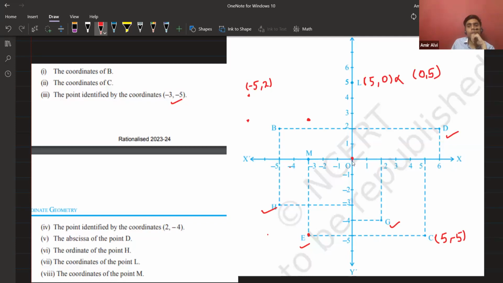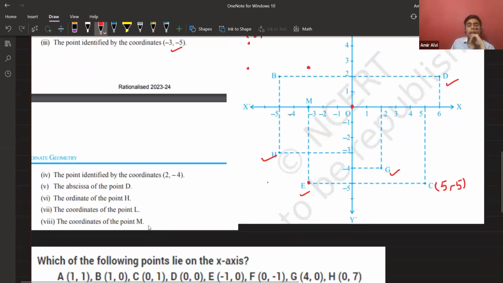Simrat, dear, tell me, this is the origin. Is there any step in the direction of x? It is only going forward in the direction of y only. Yes? The coordinates of point M. Minus 3, minus 5?